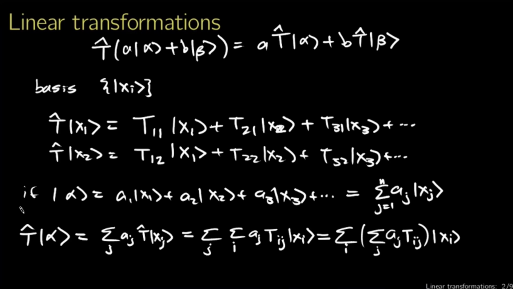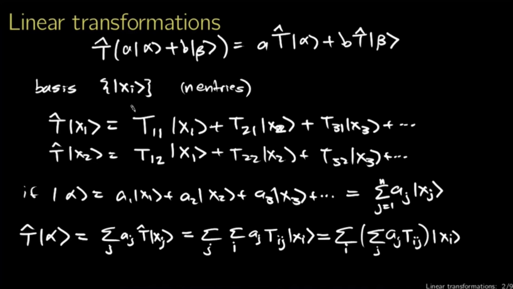So what we've done here is we've expressed our transformation t hat in a basis, x sub i, with, say, n entries. So we have some n-dimensional space with n basis vectors, and we can express our operator, our transformation, in that basis.